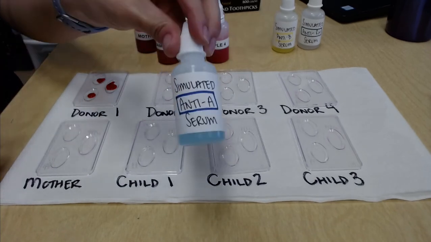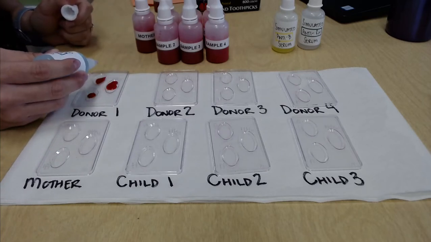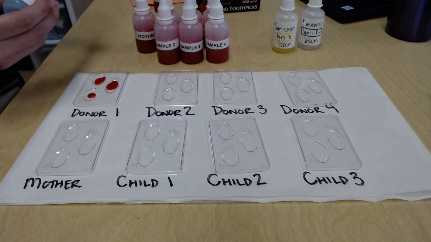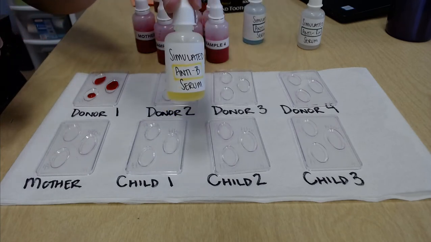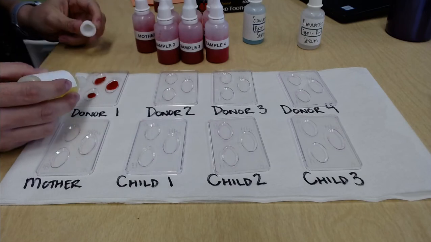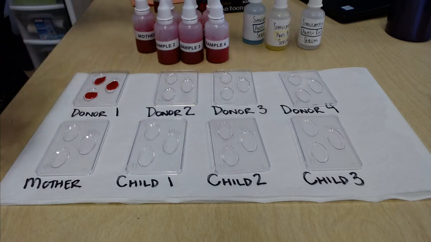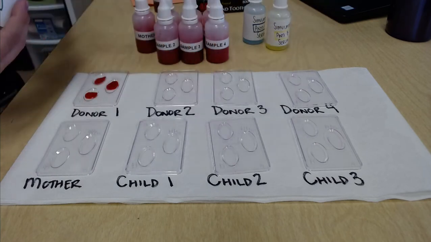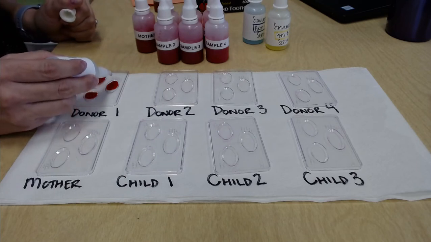And then we will add anti-A into the A oval, anti-B into B, and anti-RH into RH.